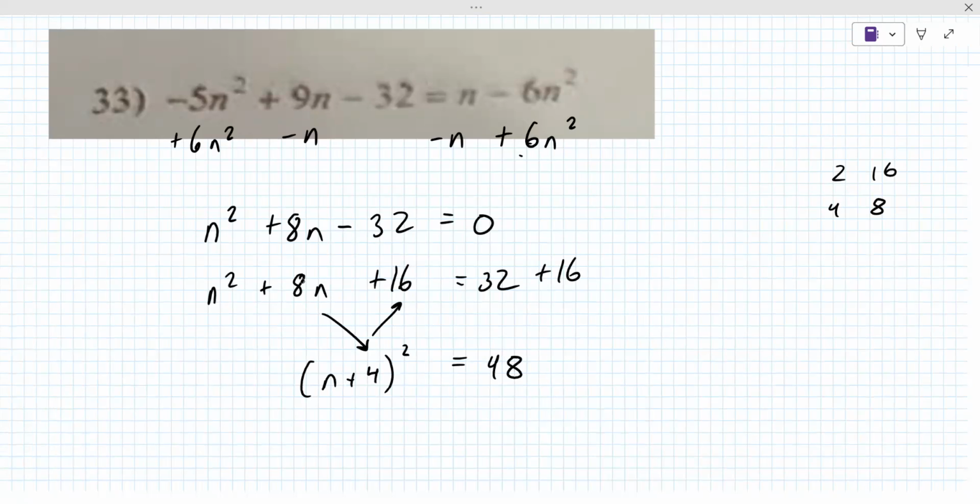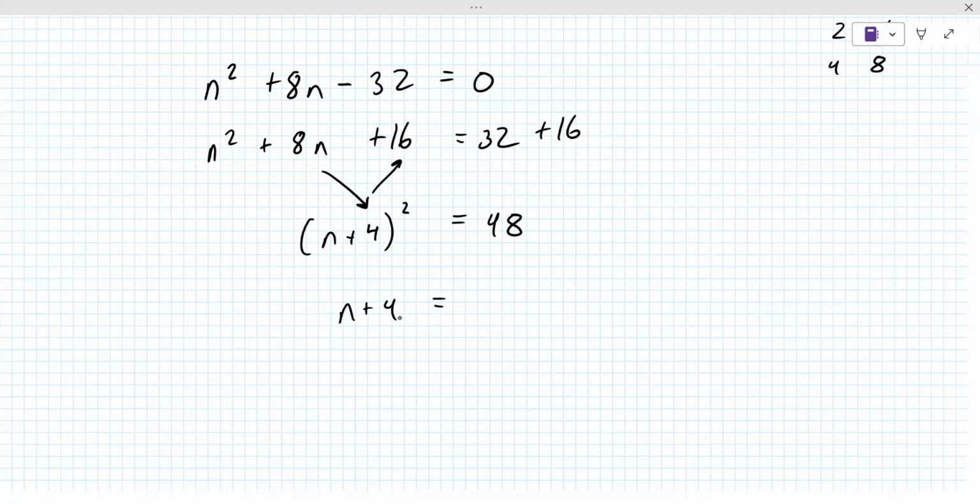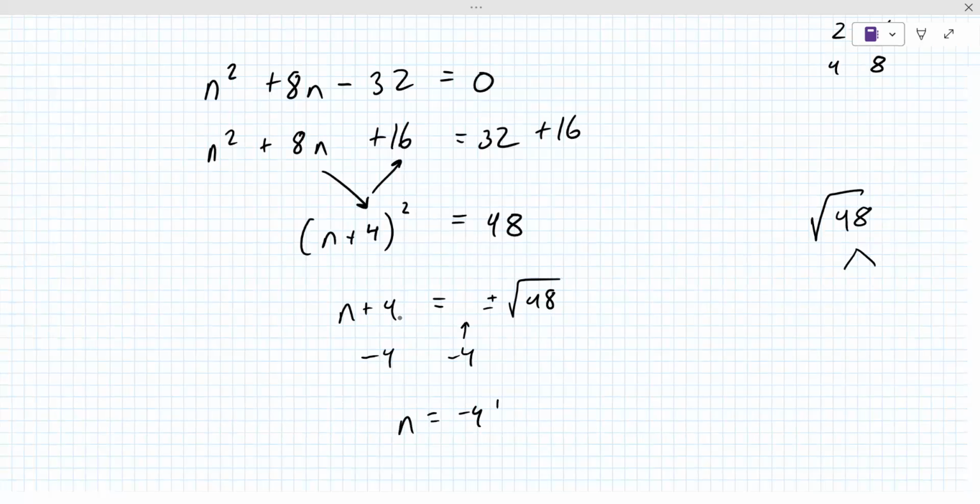And n plus 4 equals plus or minus square root of 48. So n equals -4 plus or minus square root of 48, and then there's stuff you can do with it. So it's like 4 square root of 3. Very good.